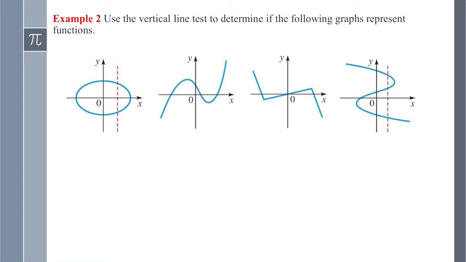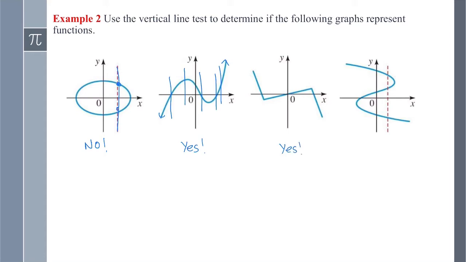If we draw a vertical line like this, it cuts the graph at 2 points, so this is not a function. Now in this one, no matter where you draw the vertical line, it cuts the graph only at 1 point, so this is a function. Same thing here. The vertical line cuts the graph only at 1 point, so this is also a function.